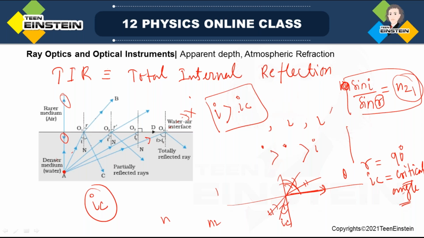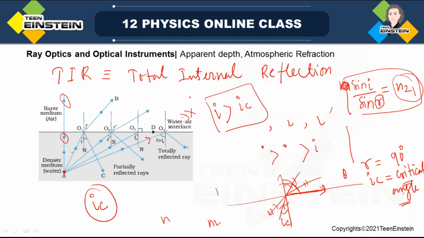will be totally internally reflected. In normal cases there will be some internal reflection, meaning some of the ray will be reflected back to medium 2, in this case water. But when the angle of incidence is greater than the critical angle, the refracted ray will not be there.